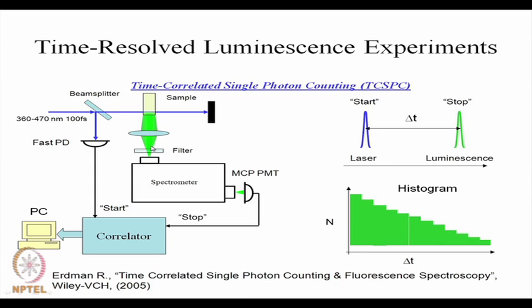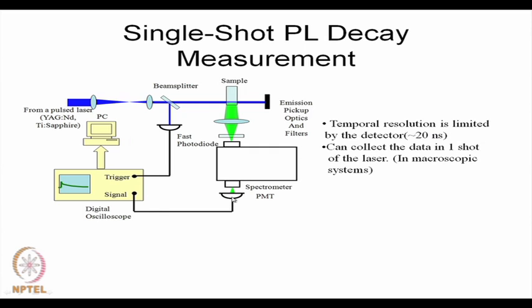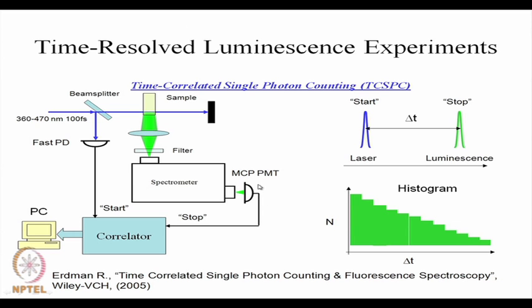In this case your detector is a different kind of detector. It is not a simple slow detector like the photomultiplier tube I talked about earlier. It is a special kind of detector called an MCP-PMT, a microchannel plate photomultiplier tube, which has good time resolution. So the detection time resolution is not as limited as in the earlier case.